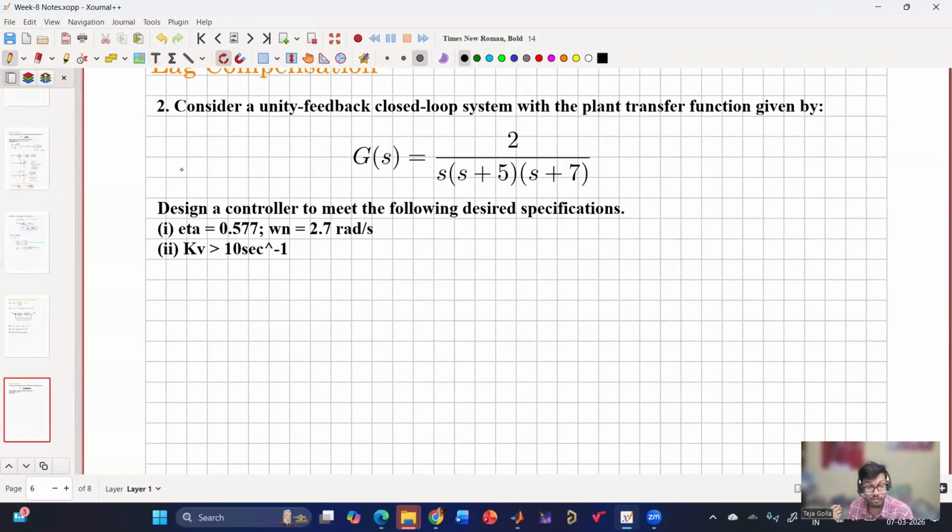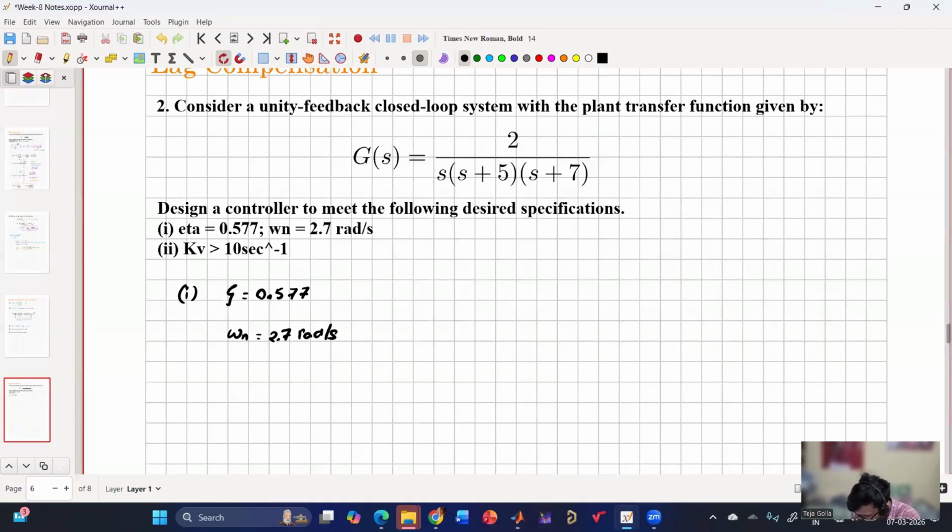Here I have told that my desired specifications are both transient response as well as KV. So there might be a catch. What is that catch? We'll come back to it. The first point is I have given my zeta to be 0.577 and my omega n to be 2.7 radians per second.